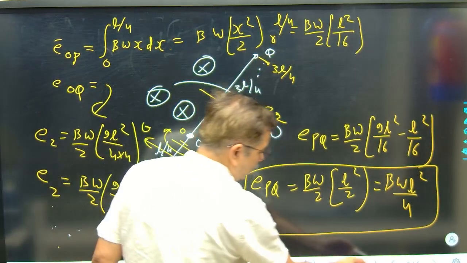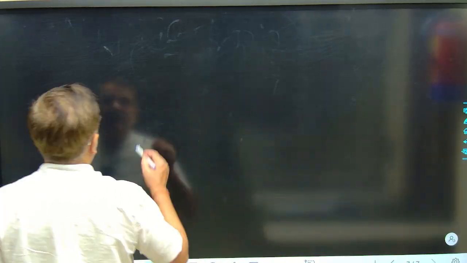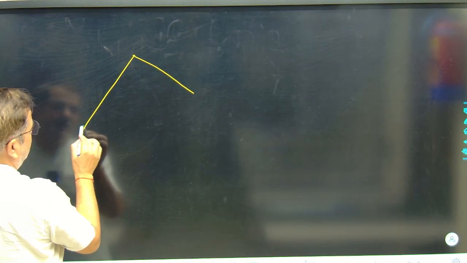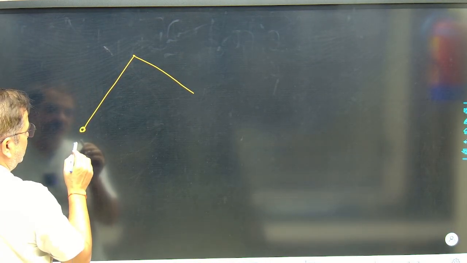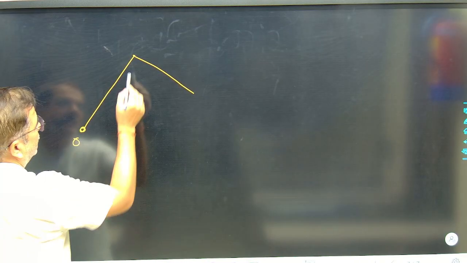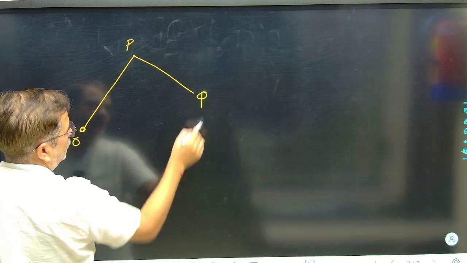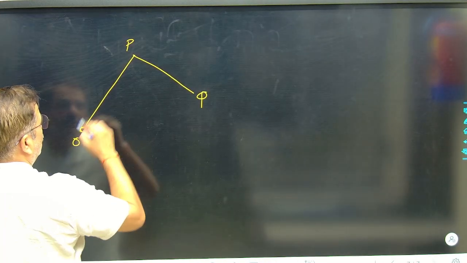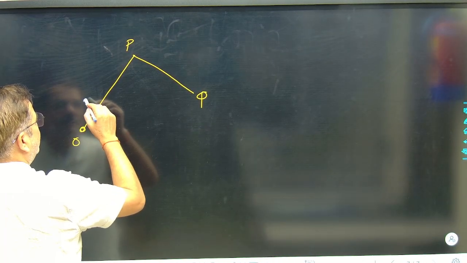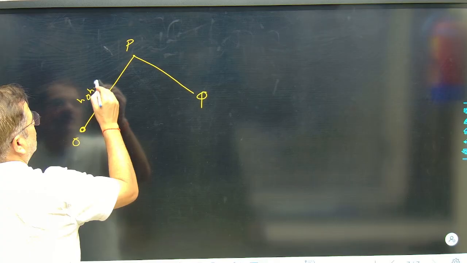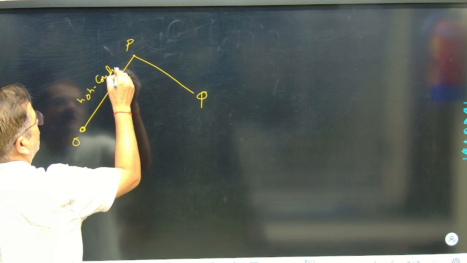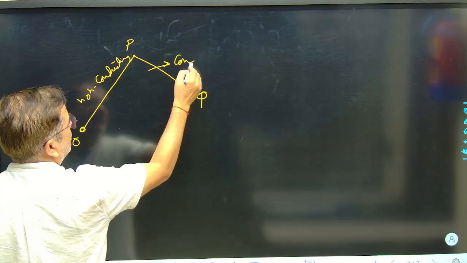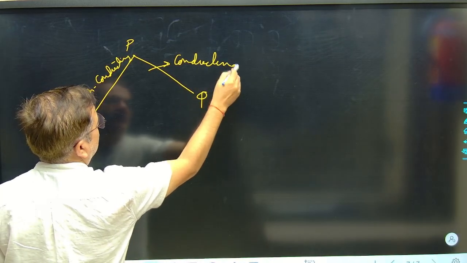Next, say one rod is in the shape of L. The L-shaped rod is rotating about end O. Say this point is O, this is P and this is Q. Now, the OP length is non-conducting, but this length PQ is conducting.